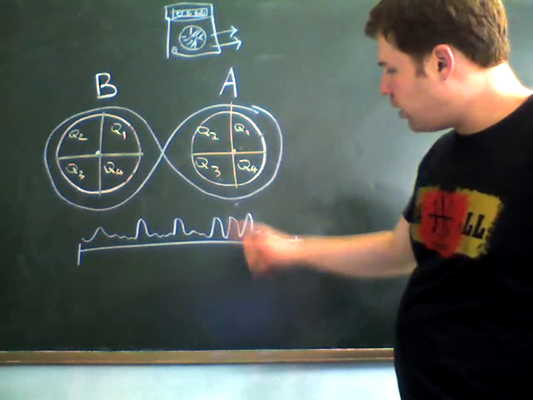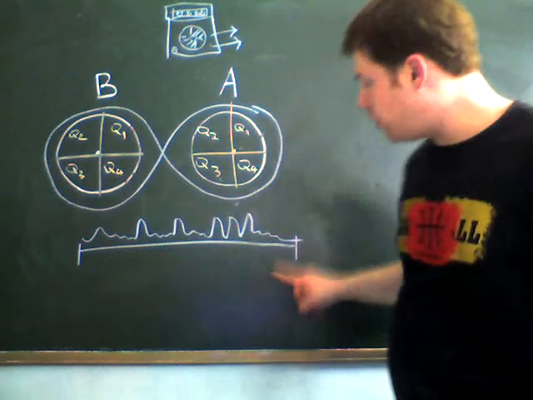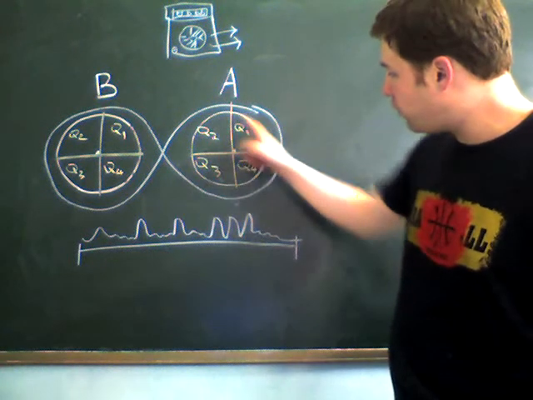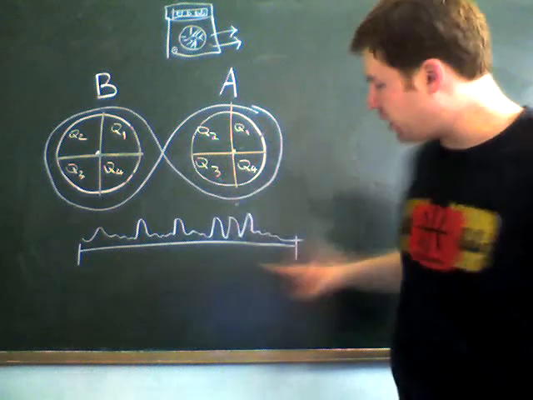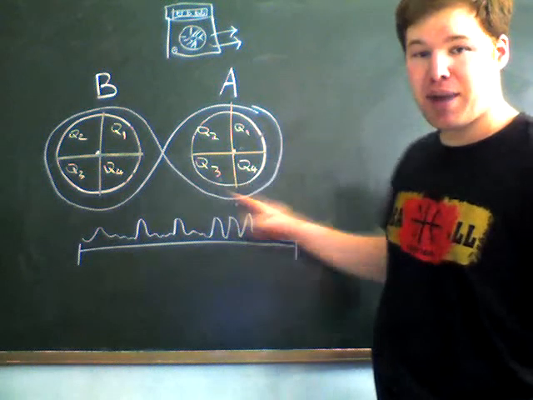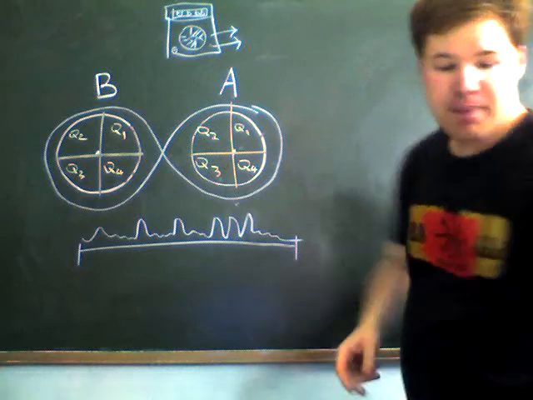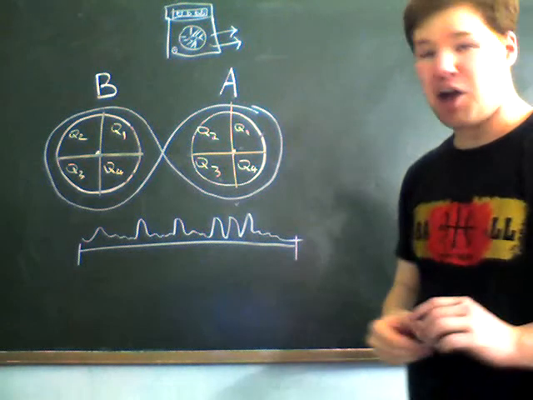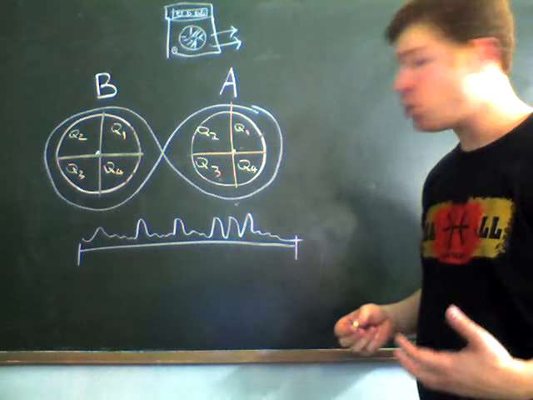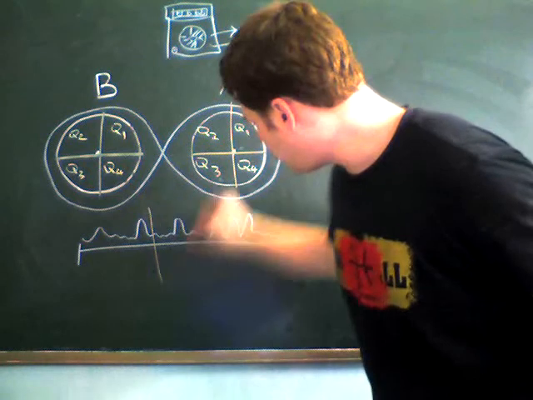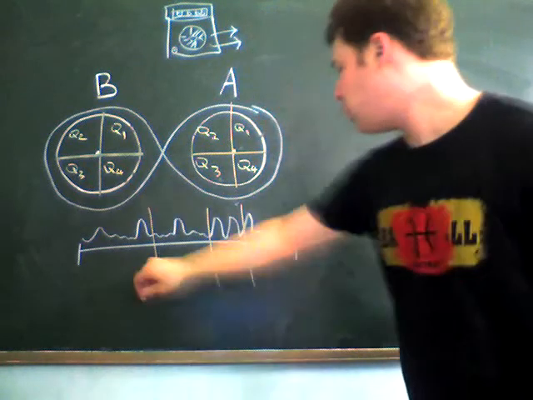Now, this modulation will be flowing in a circular path through this Stargate. And when we divide the Stargate up into quadrants, we're going to have 1, 2, 3, 4.